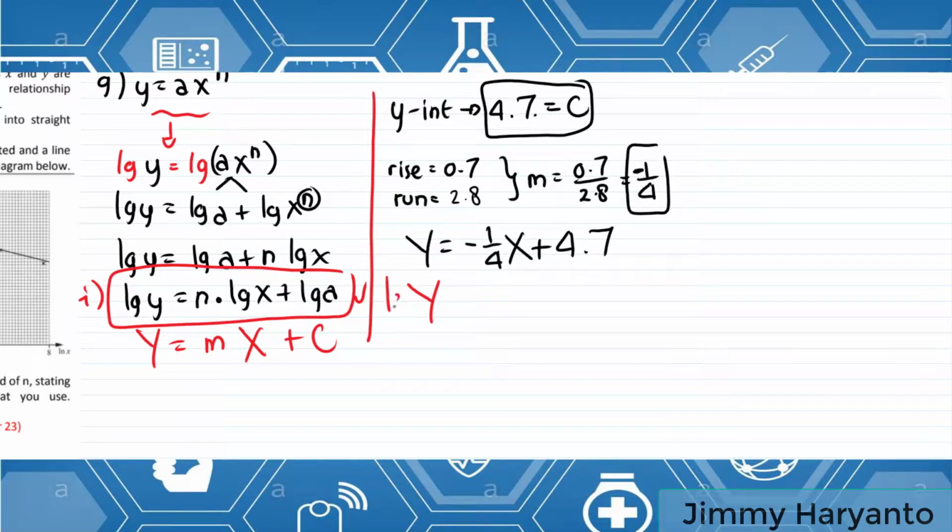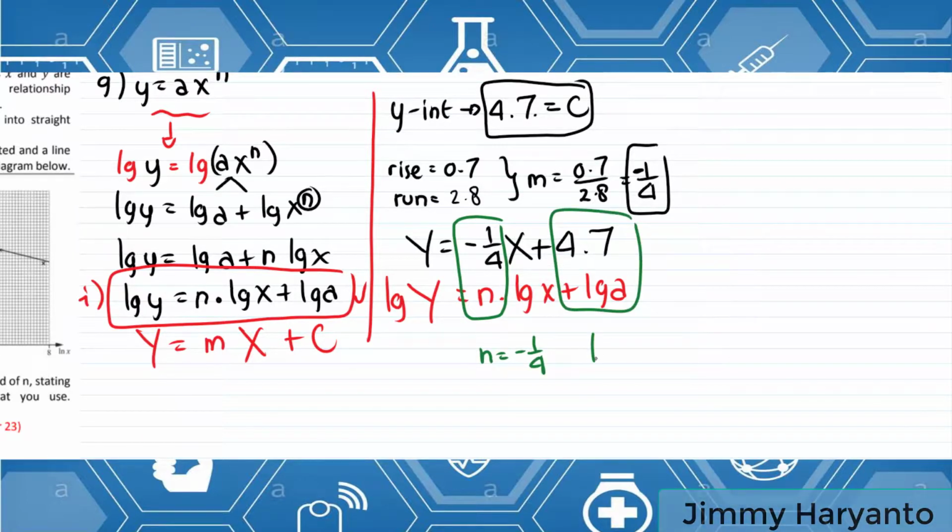I will rewrite this: lg y equals n times lg x plus lg a. I can tell that the n is negative 1 over 4 and lg a equals 4.7. So a equals 10 to the power of 4.7.